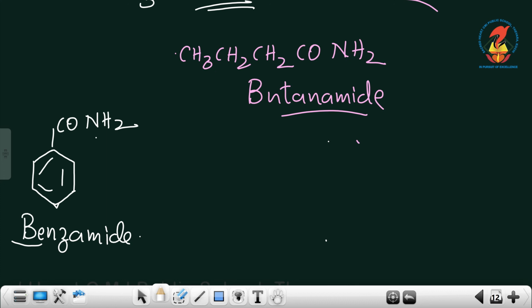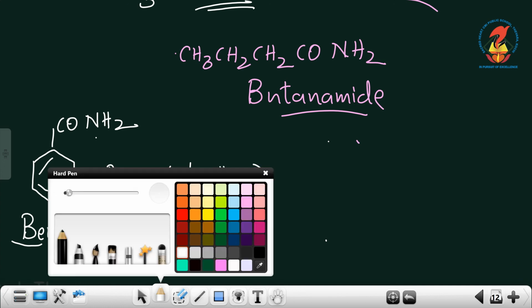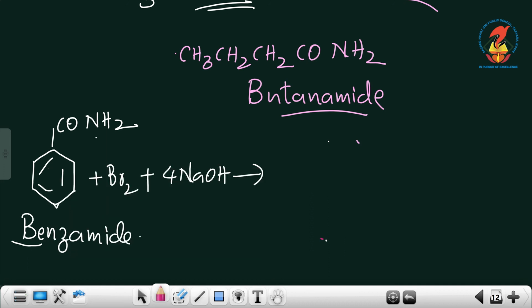So the reaction is benzamide plus bromine plus 4NaOH gives. We know what is the reaction happening here. Break on either side of the carbonyl group, and the carbon attached to the CO group, here it is this carbon, will migrate from the CO group to NH2.